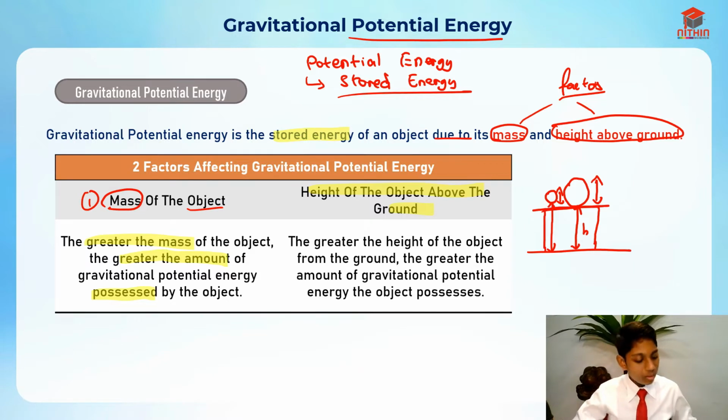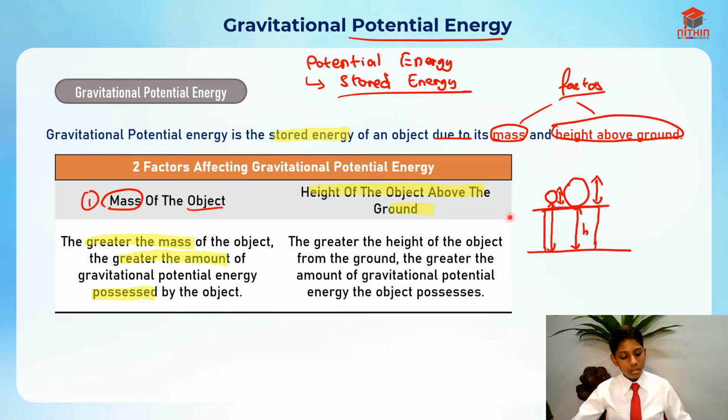So both of them have the same GPE if both of them were the same mass. And if the bigger ball had a greater mass than the smaller ball, the bigger ball will have a greater gravitational potential energy because they are still at the same height.